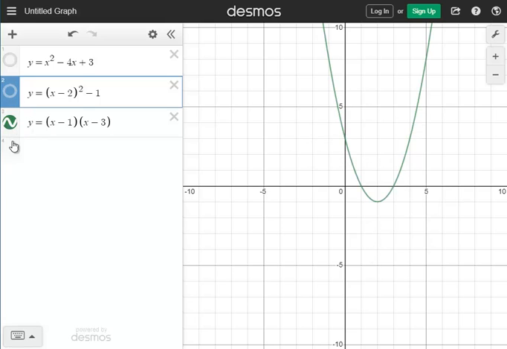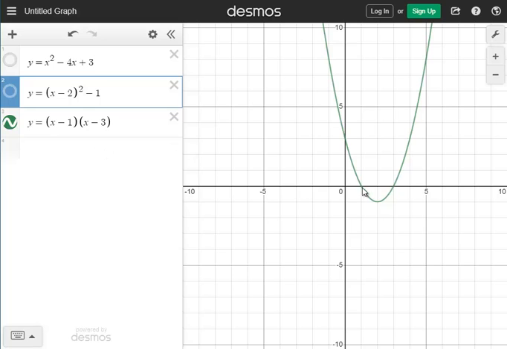Let's look at this last one. This is also a parabola. You'll notice that there are exponents in both of these. Now there's technically an exponent in these too. If you were to FOIL these out, when you multiply the x times the x, you get x squared. So there goes your x squared part. But when I look at these two, it looks slightly different than some of the other ones.